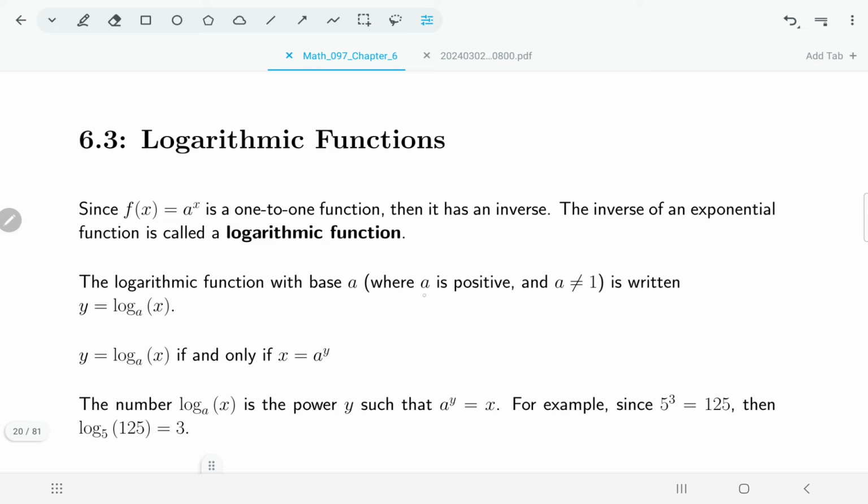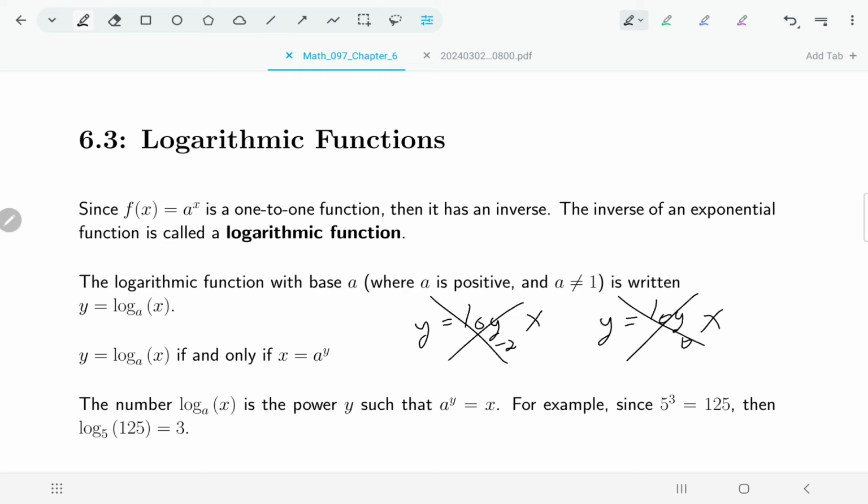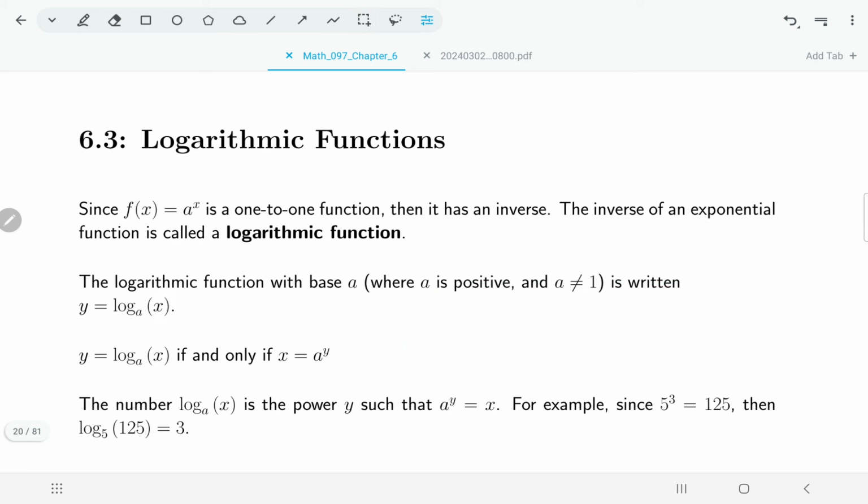The base would have to be positive, and it also couldn't be 1. So there would be no such thing as log base negative 2 of x, and log base 0 of x is also not a thing. Any possible base would have to be strictly positive, so bigger than 0, and it also couldn't be 1.